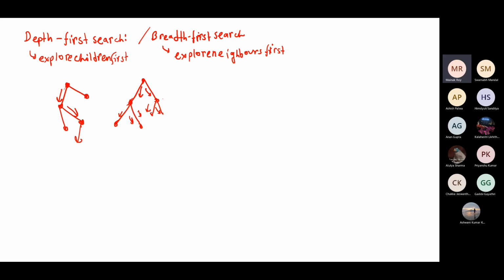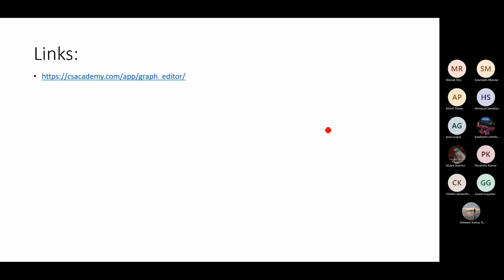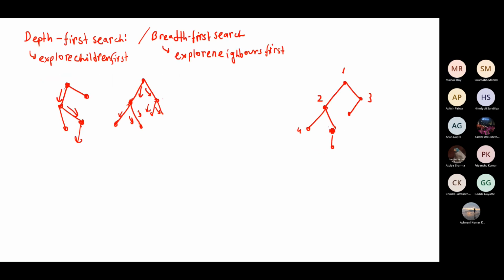Let me give a dry run, for example, on this graph. So let's take this graph: 1, 2, 3, 4, 5, 6, then 7.